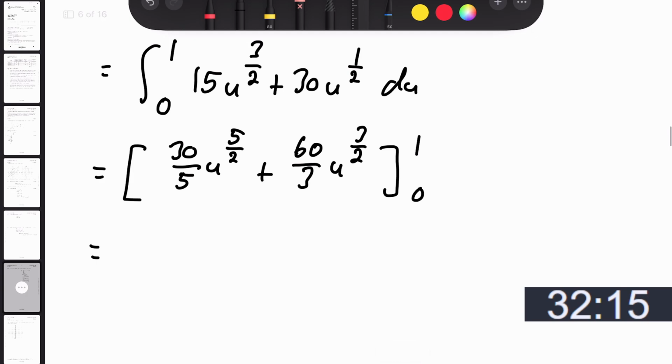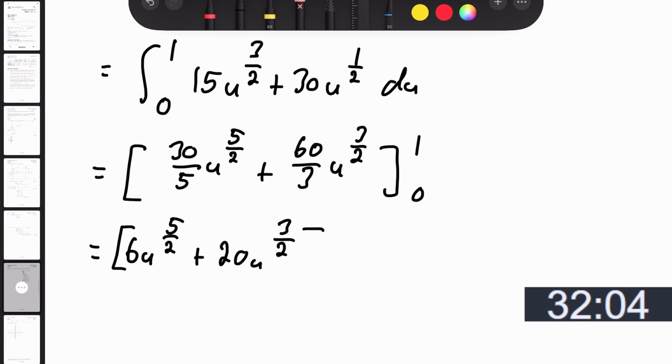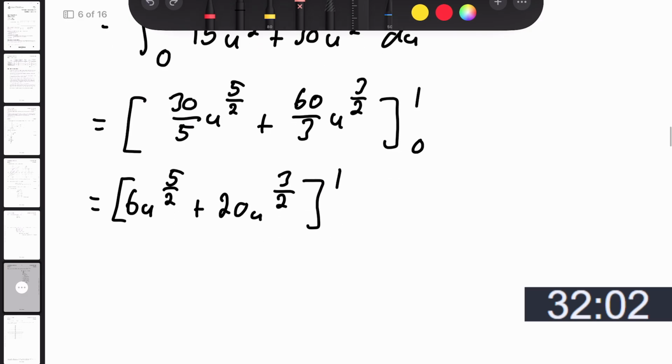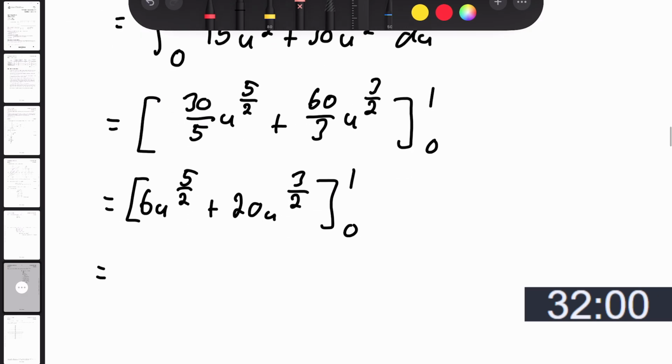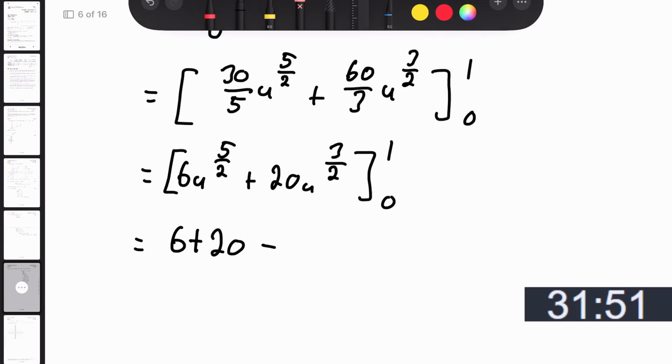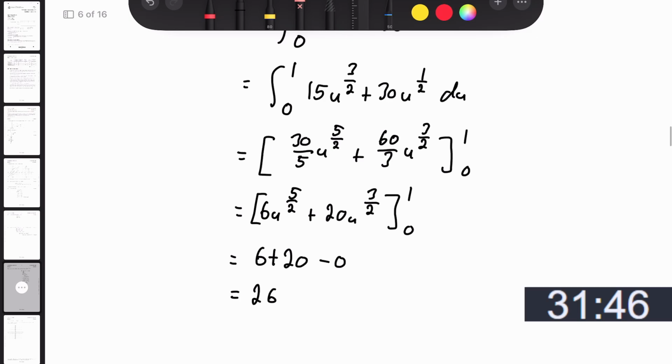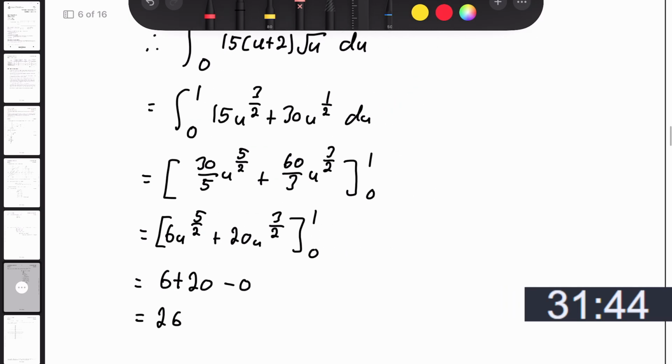And then this is going to be 6u to the power of 5 on 2 plus 20u to the power of 3 on 2 from 1 to 0. So then this is going to be 6 plus 20, and then 0 to the power of anything is 0, so then this will be 26. I am pretty sure.